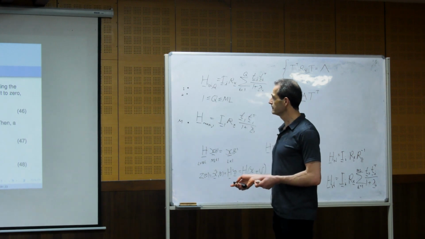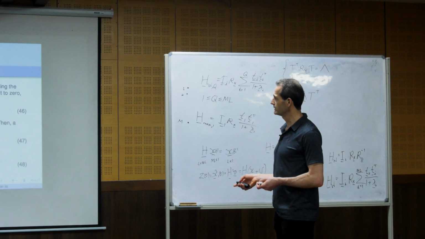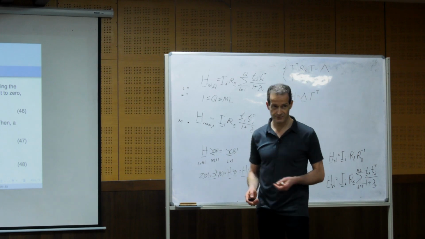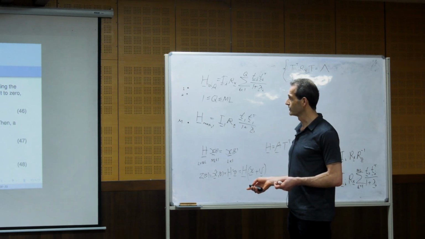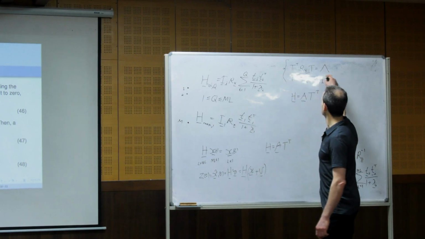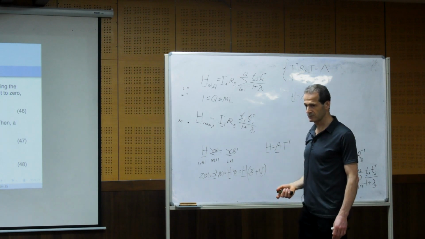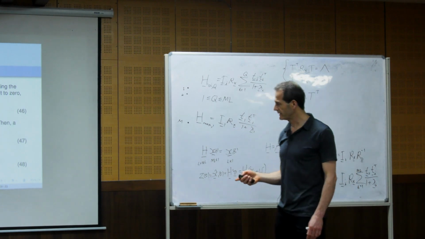And from here, because lambda is diagonal, lambda contains the generalized eigenvalues. So it's very easy to invert it like this. But you know that lambda contains P eigenvalues which are larger than 0, and the others are 0.